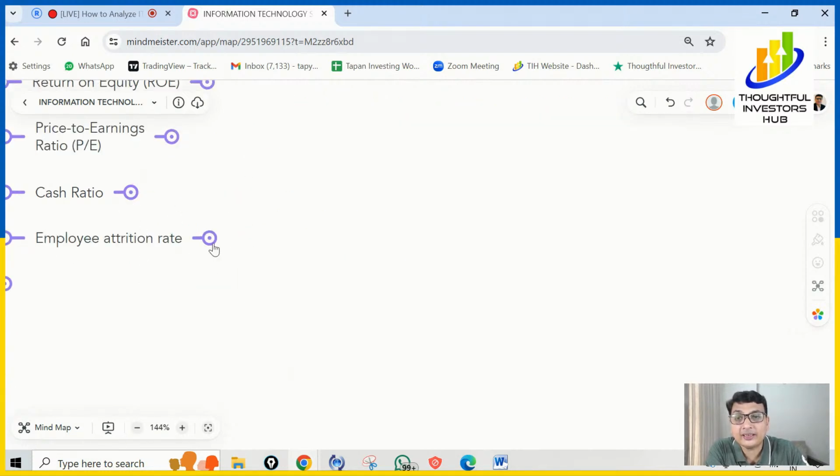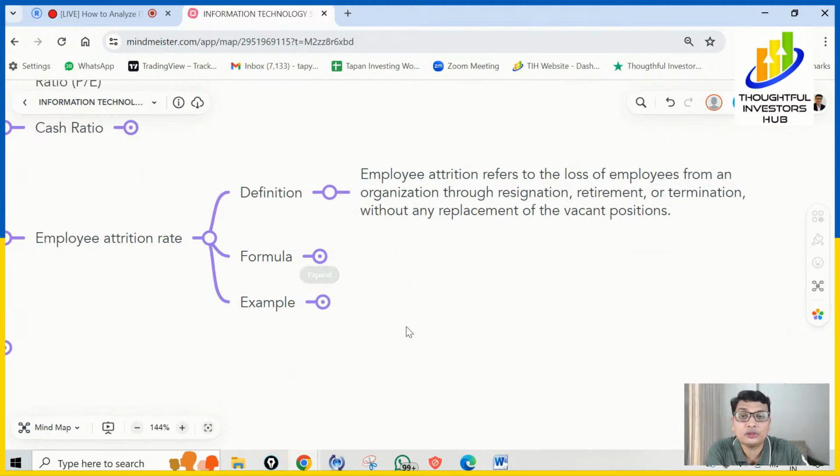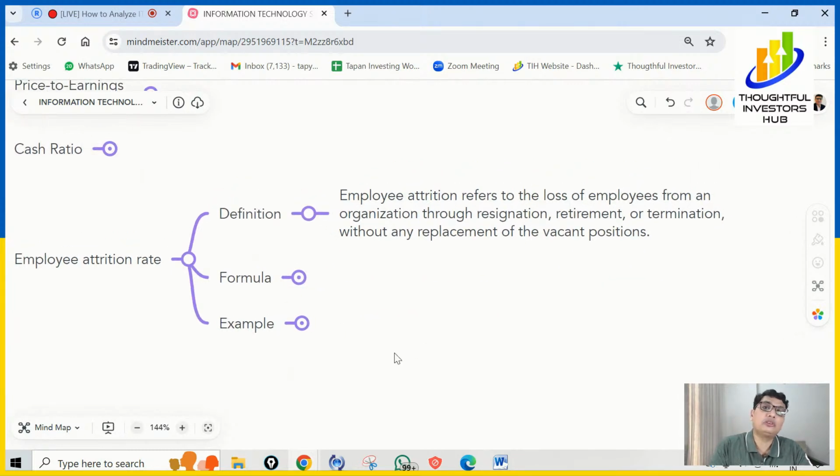Then employee attrition rate. Now this is also a very important ratio we have to keep in mind for any company. This is not directly available in Screener.in and all that. I think it may be available in Tijori Finance, I will have to check, but it is directly available in the quarterly results when companies publish them.